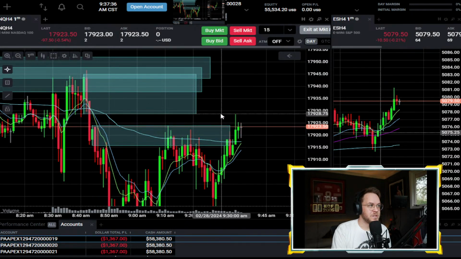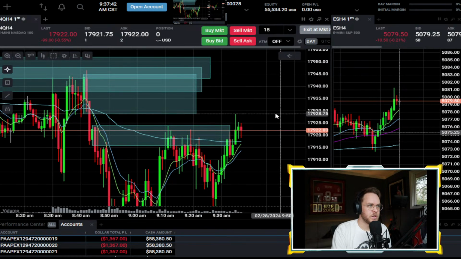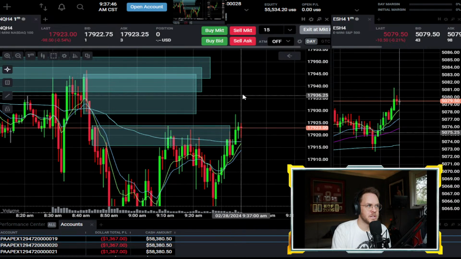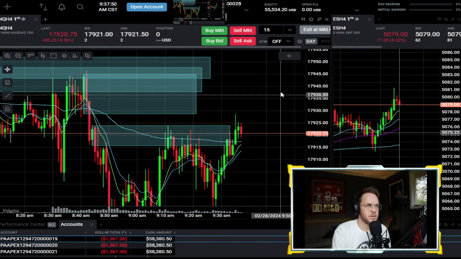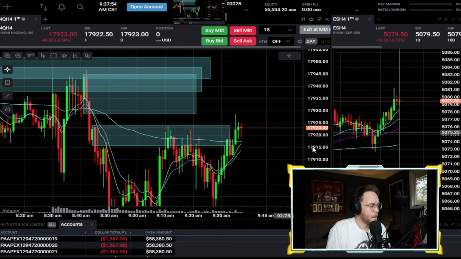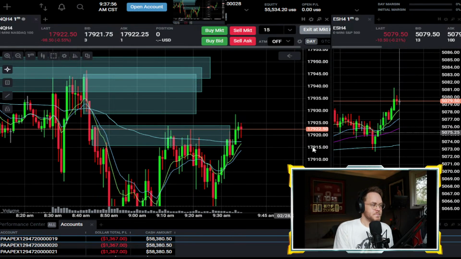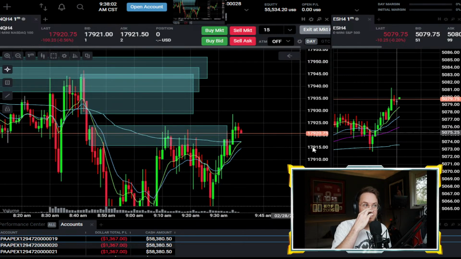So we did reject off of this initial order block, right? We just touched it right here at 928. I would expect that we kind of move into the 30s here, and I would probably expect our next opportunity for a reversal somewhere up here around mid to high 30s. We could get one here.